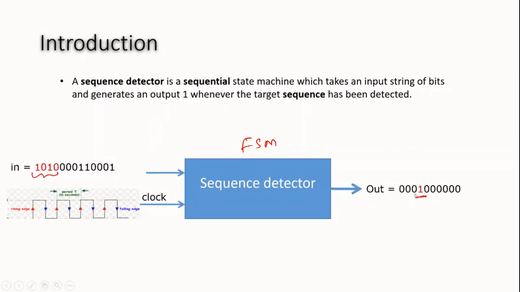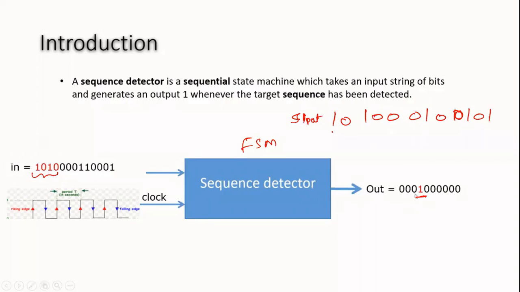So simple. Yes. See, let me give still one more example. I am having a series of input like this. I am asking the machine to find out if there exists a pattern 101 that comes in, right?